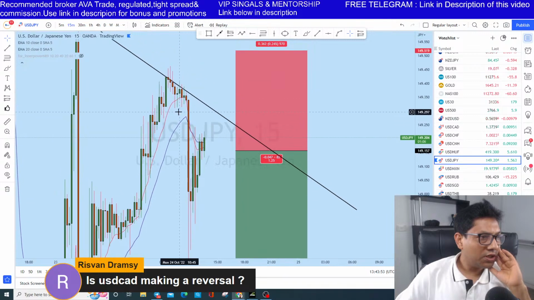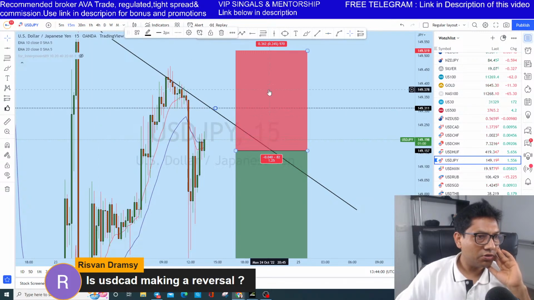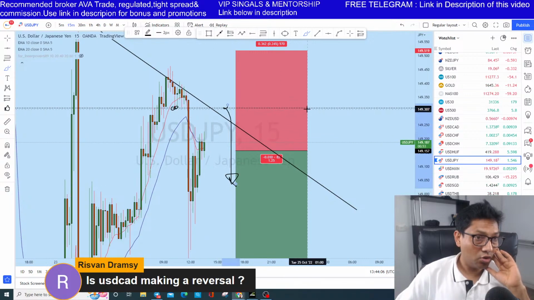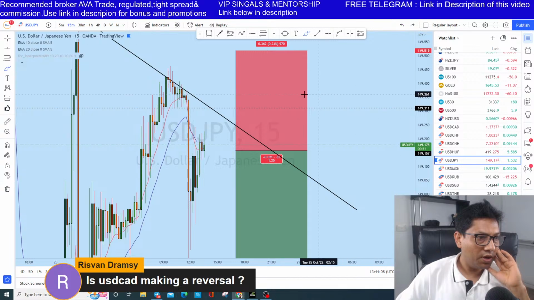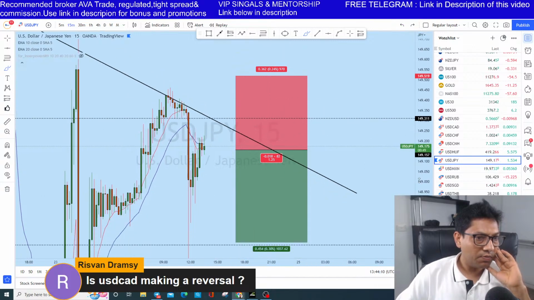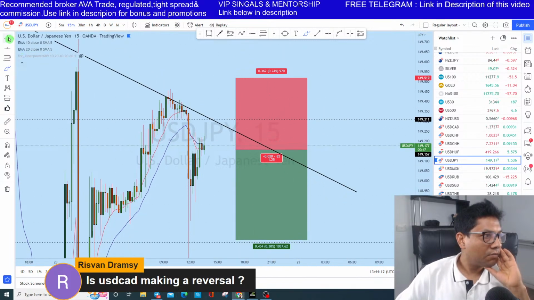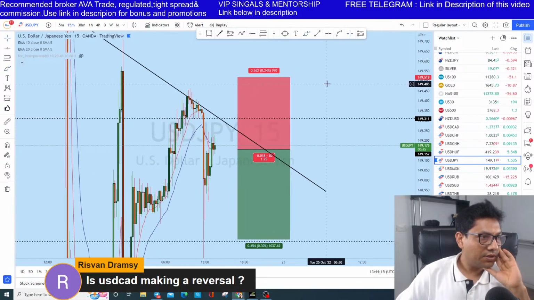So we could see a spike up probably to this level, to test this previous resistance, previous support zone here as a resistance, and then we can expect a drop. That could be one probability, or we could see the spike down from here. Let's see what happens.